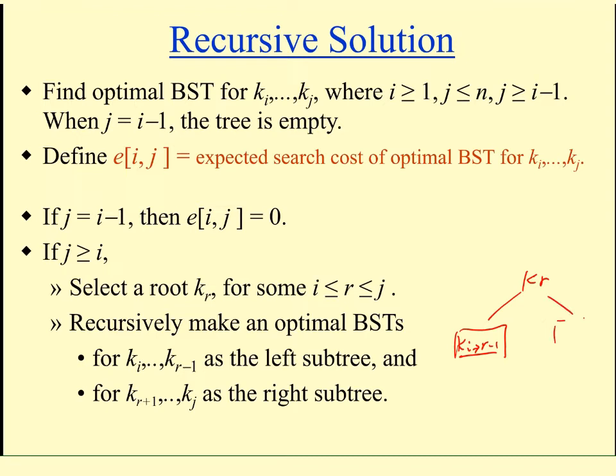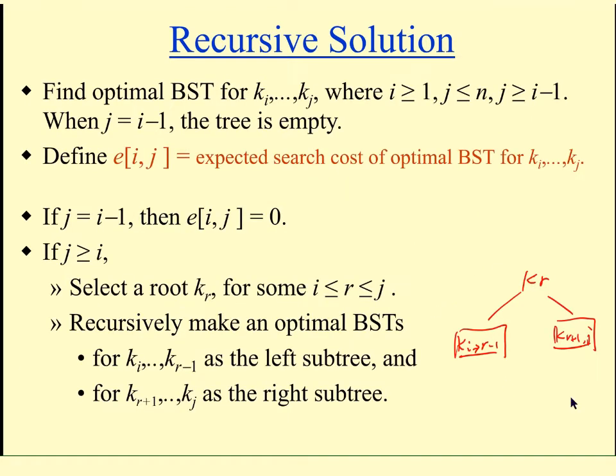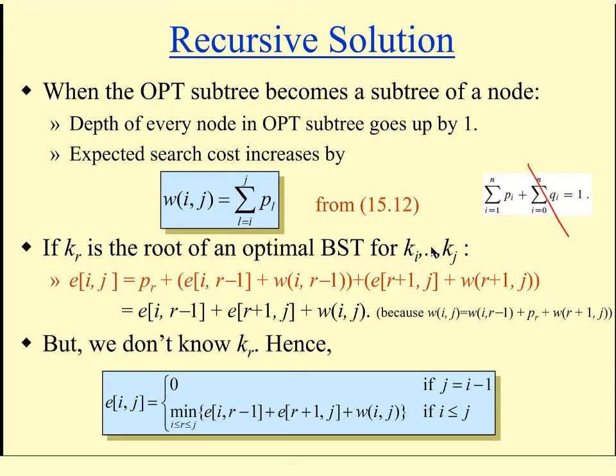This one has another subtree, from r plus 1 to j. Okay, so all of this will be increased by its probability, this one also by its probability. And then what is the search cost? What's the solution for this optimal BST for ki to kj, the whole tree? Okay? So we can get this.